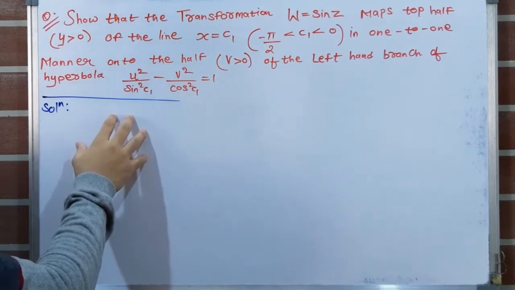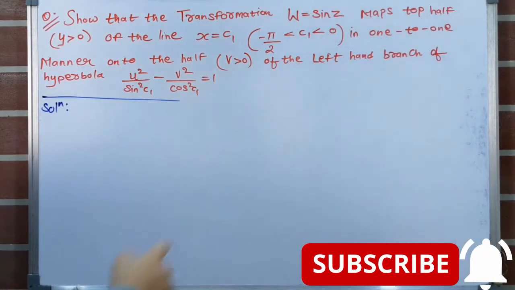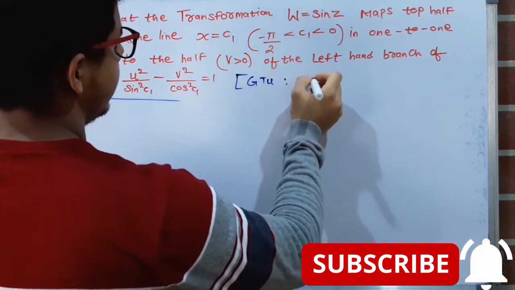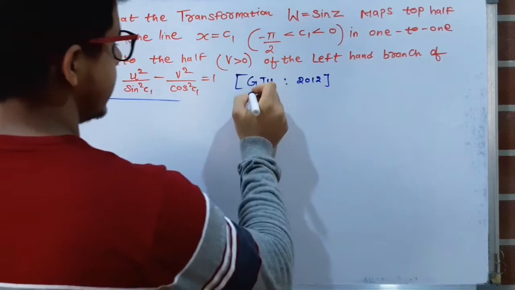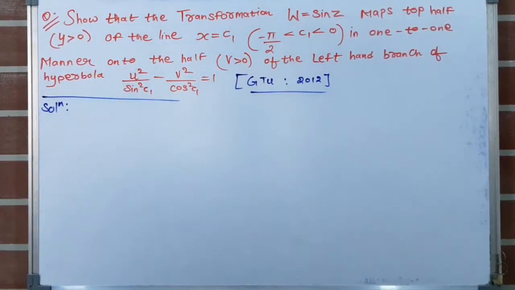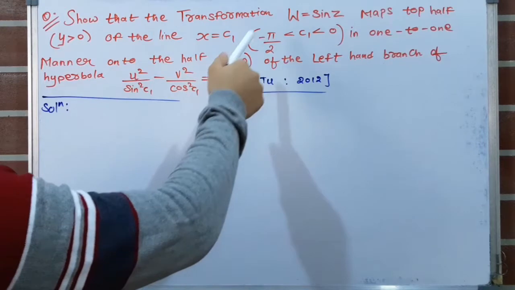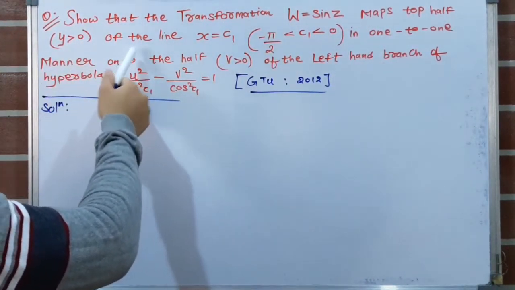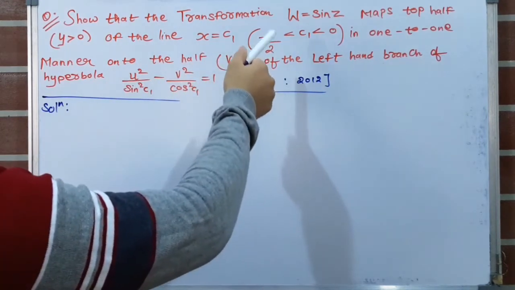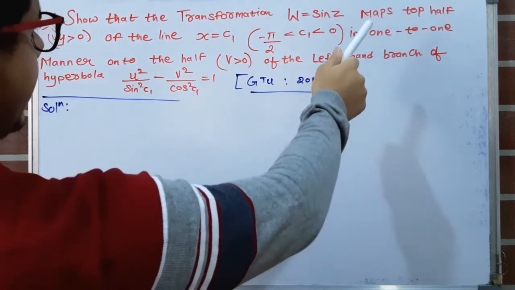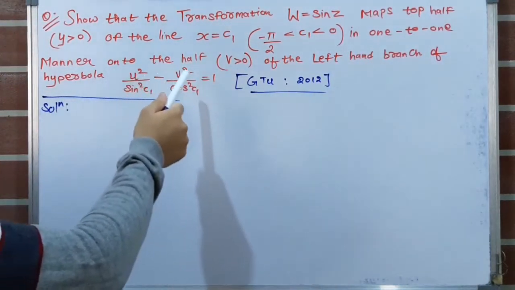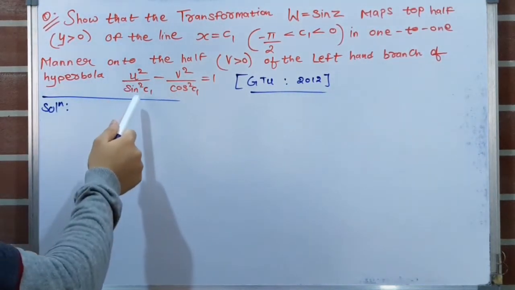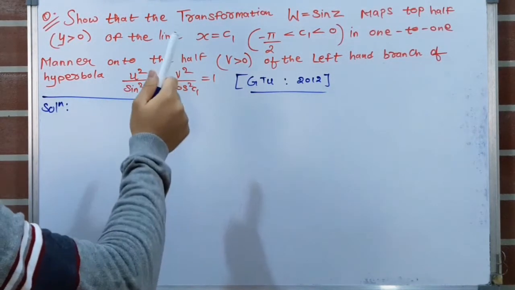The first numerical on the W equals sin Z mapping was asked in GTU in the year 2012. This is an important question. Show that the transformation W equals sin Z maps the top half y greater than 0 of the line x equals c1, where c1 is between minus pi by 2 and 0, in a 1-to-1 manner onto the half v greater than 0 of the left hand branch of the hyperbola u square upon sin square c1 minus v square upon cos square c1 equals 1.